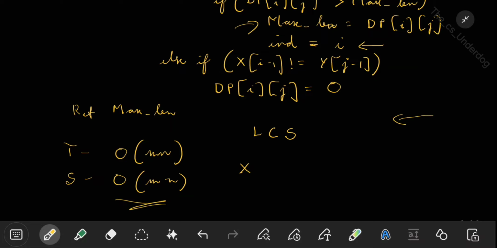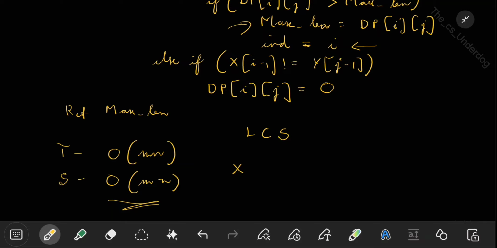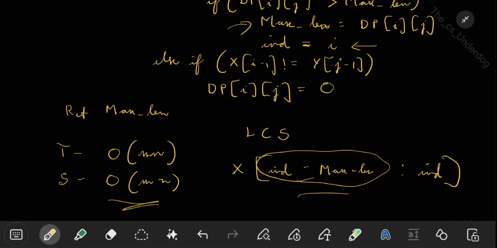And then you should start from that point and read it towards the right. That is your substring. So your longest common substring is, from x, whatever be your index, that index minus max length should be the starting point. From here you should start and you should take all the values till the index. This is the final longest common substring.